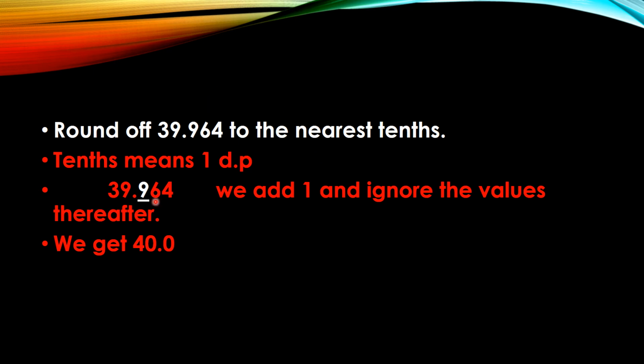If it is 5 or more than 5, you add 1, and then it is going to be 0, carry 1, 0, carry 1, 40. 40.0. So make sure your answer is having only one decimal place.